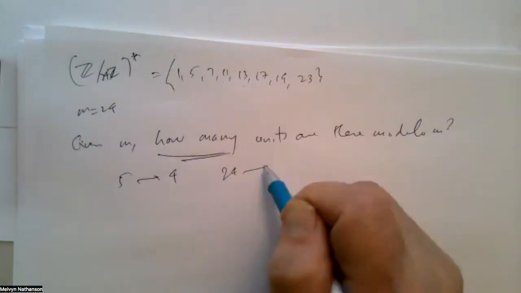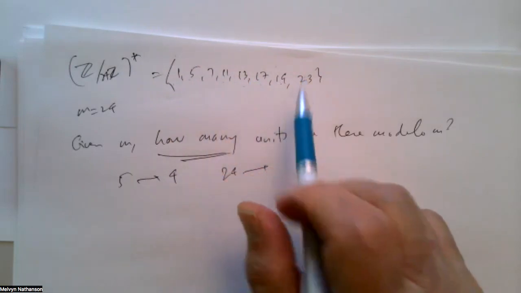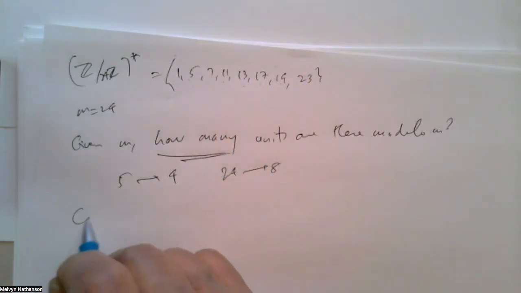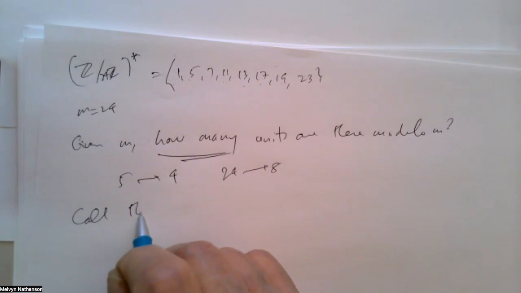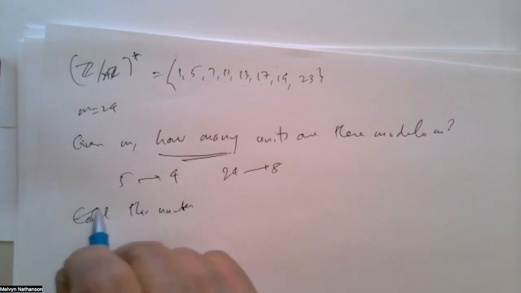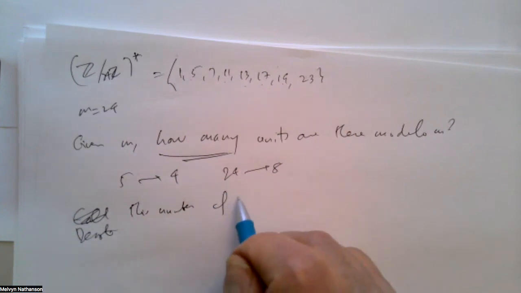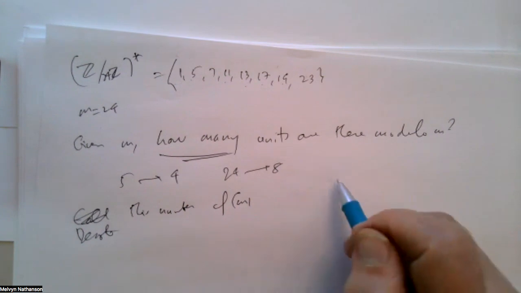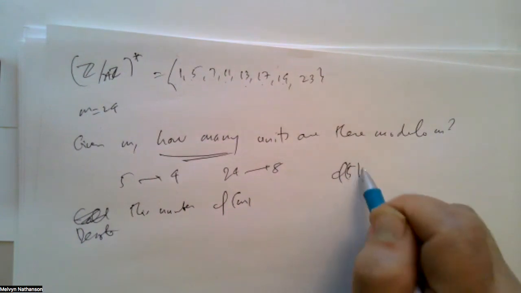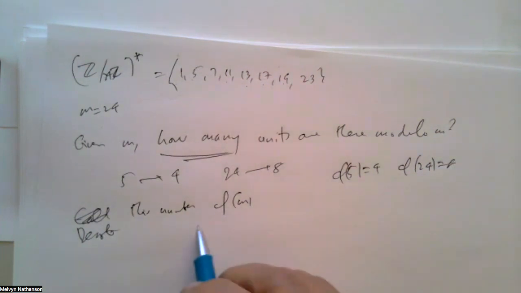For 24, the number is 8. So in general, we denote this number by the letter phi of m. So phi of 5 is equal to 4, phi of 24 is equal to 8.